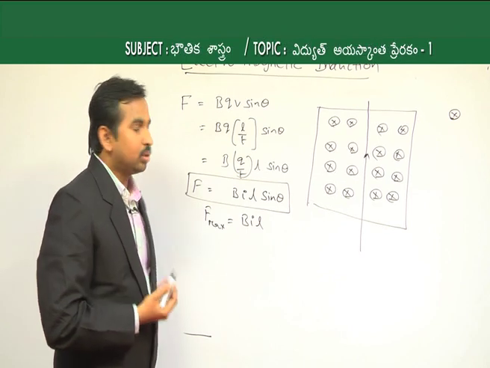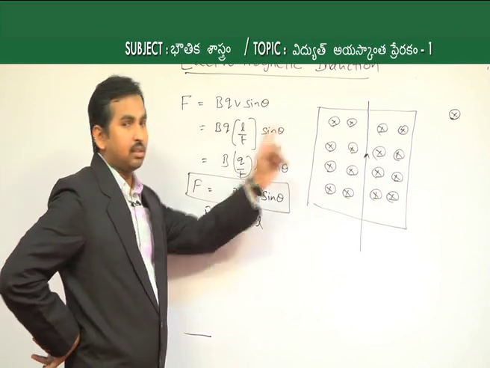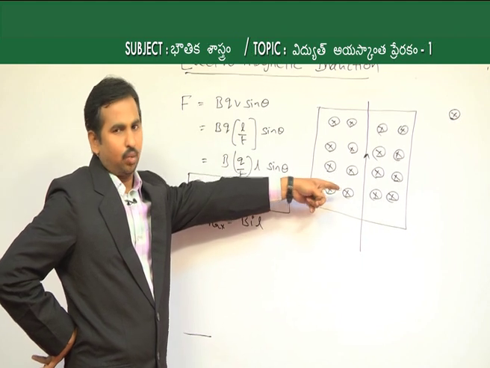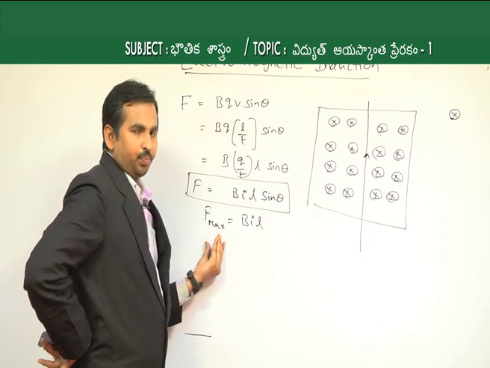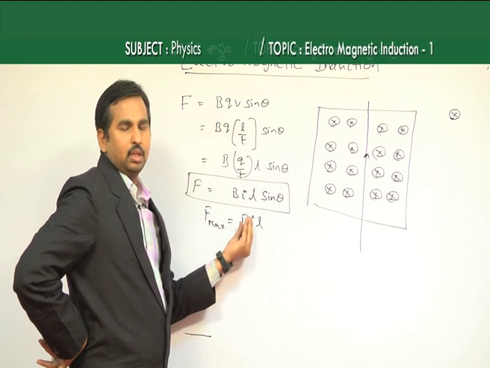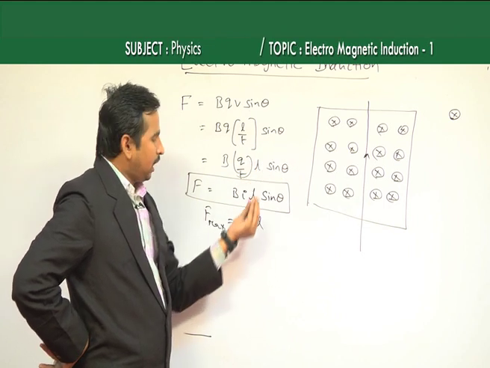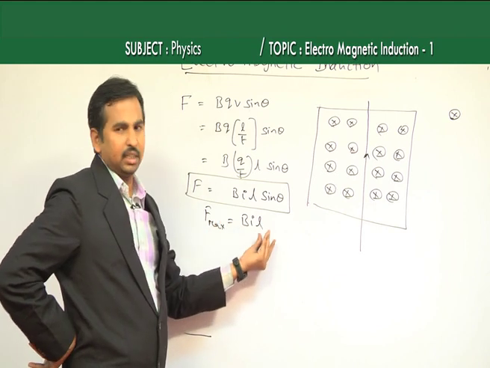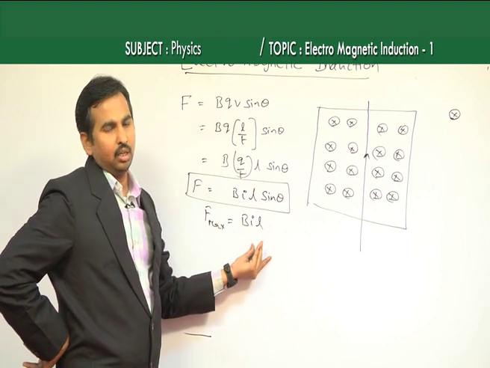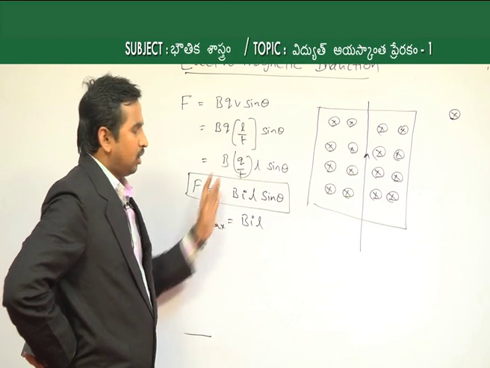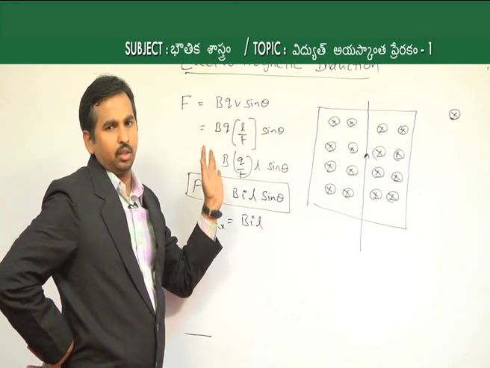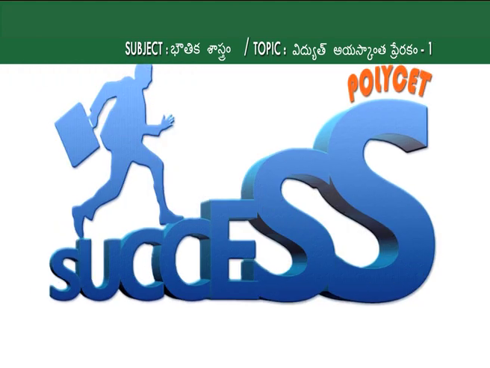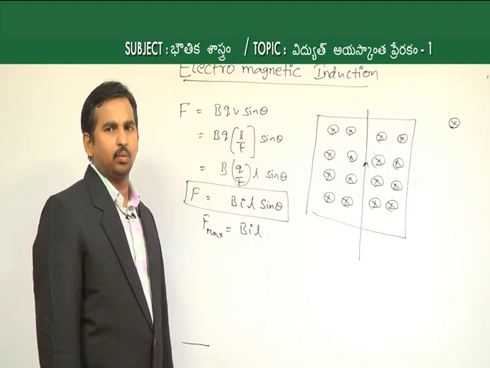So, for a straight conducting wire, the force acting is directly proportional to the magnetic field strength we apply, the strength of the current passing through the wire, and the length of the wire. So this force depends on these three factors: B, I and L.